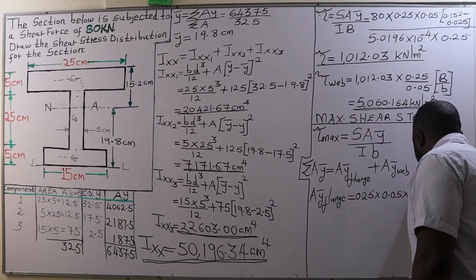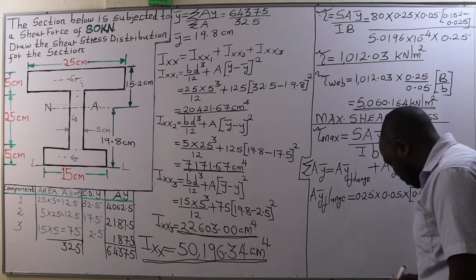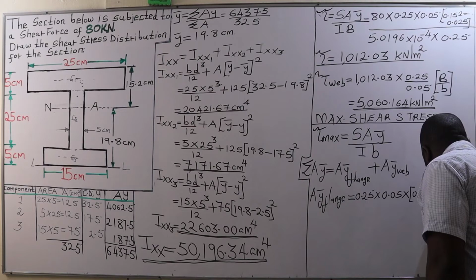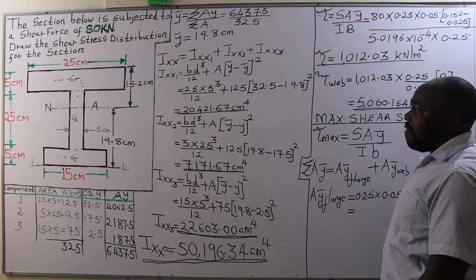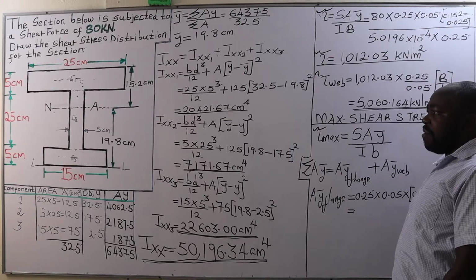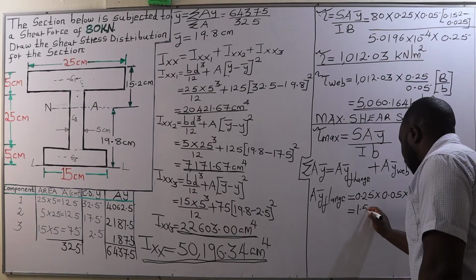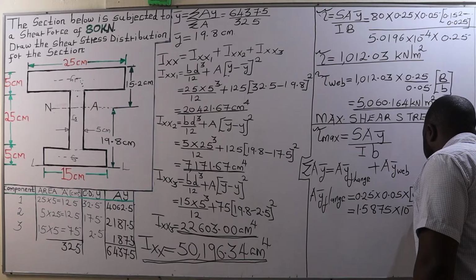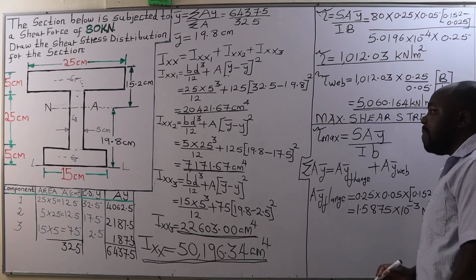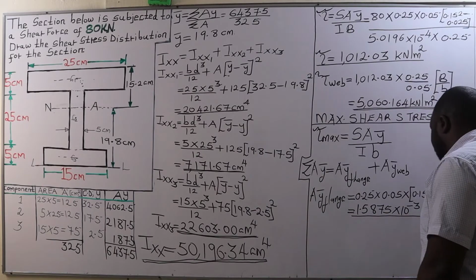So that's going to be 0.152 minus 0.025. And A bar Y for the flange is going to be 1.5875 times 10 raised to the power of negative 3 meters cubed. So that is A bar Y for the flange.